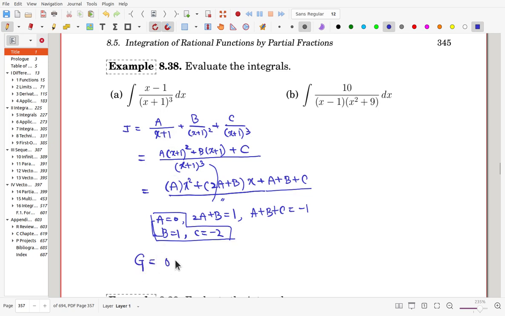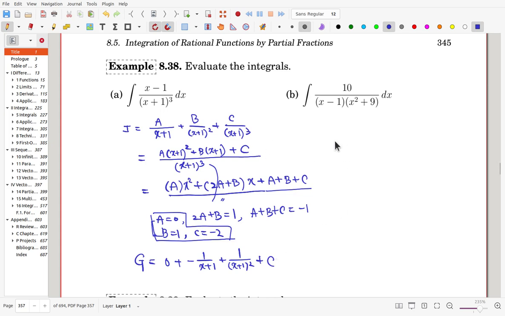The first one will make a 0, and for the second one, b is 1, so minus 1 over x plus 1, whose derivative is 1 over x plus 1 squared, right? Now c is minus 2, so its antiderivative will be 1 over x minus 1, squared, right? And then the integration constant c.